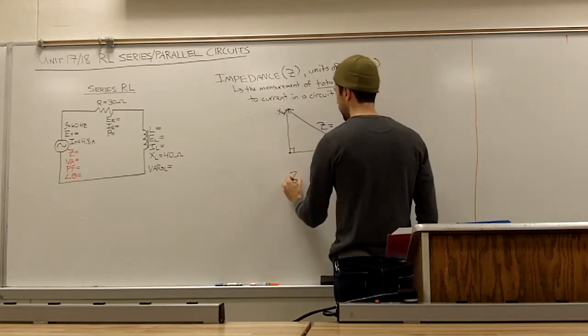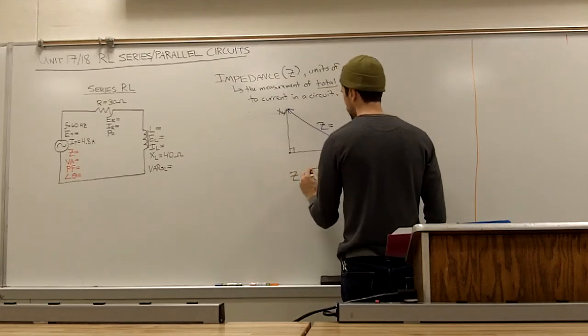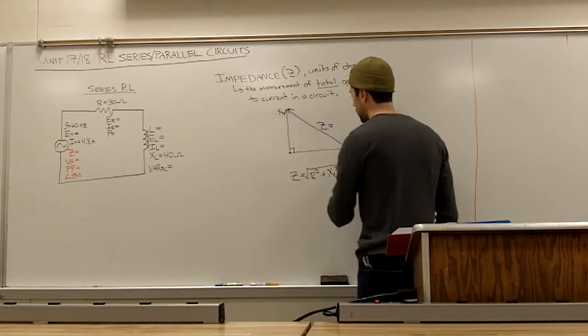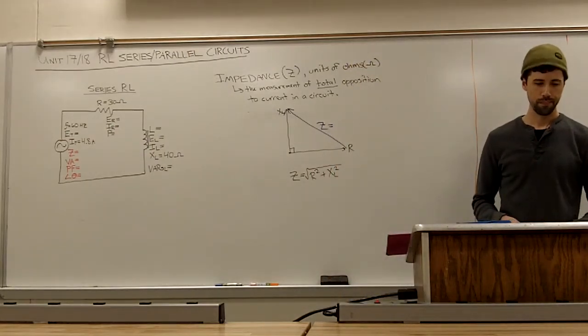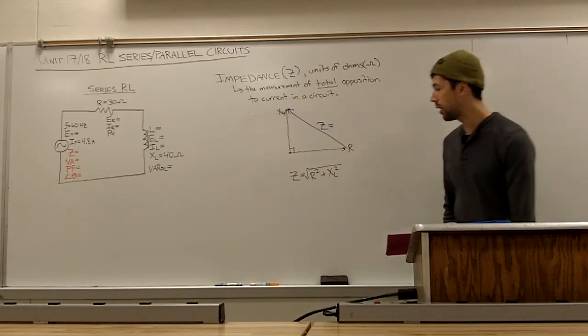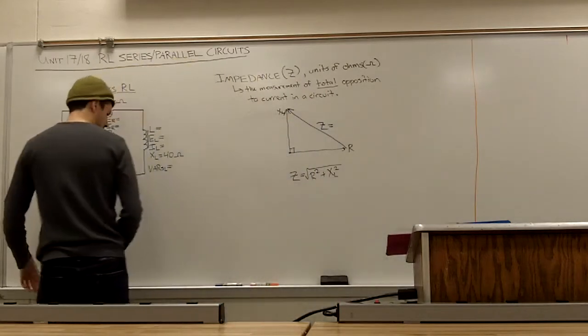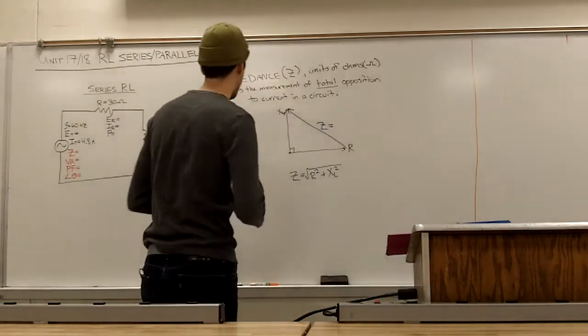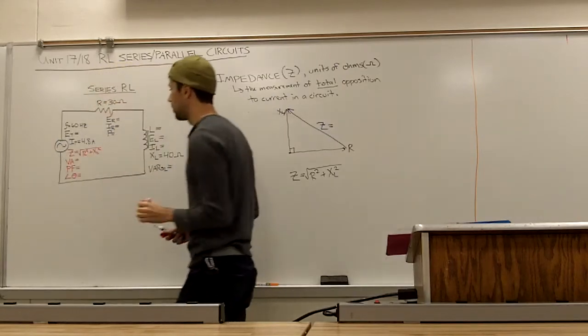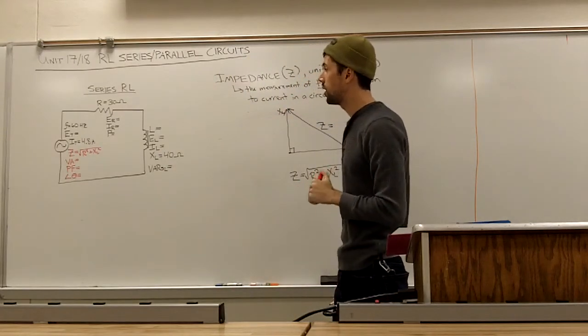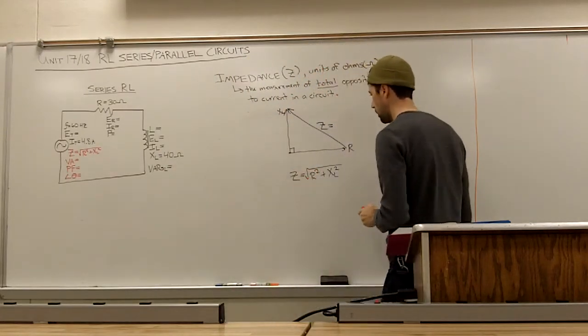Z is equal to the square root of R squared plus my inductive reactance squared, X sub L squared. That is our general formula for finding impedance in a series RL circuit.